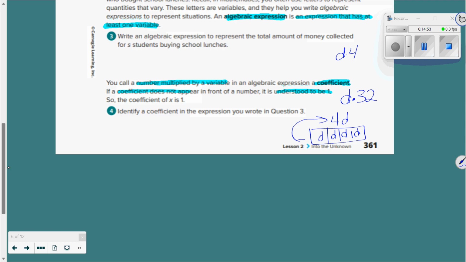I can't do that. So now I'm putting groups of 4, right? Do I know how many groups of 4? No. So can I model that? No. Can I write that? No, not mathematically.